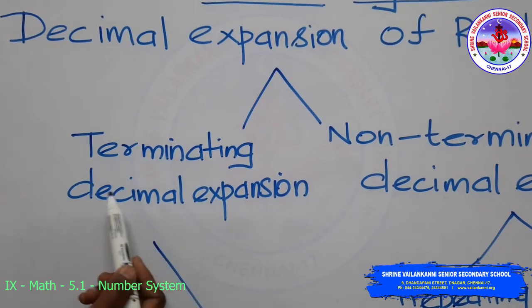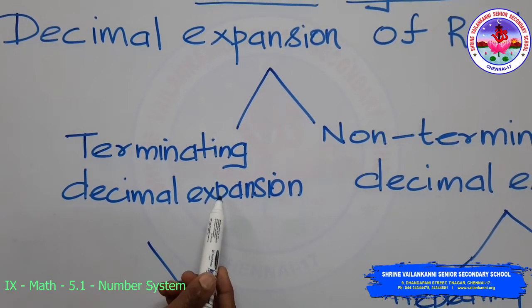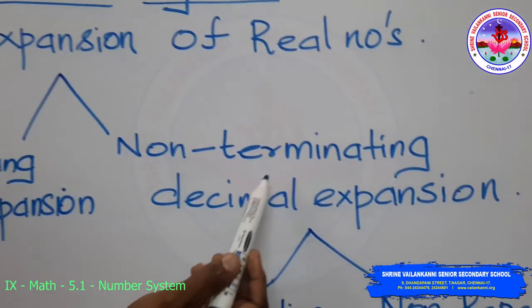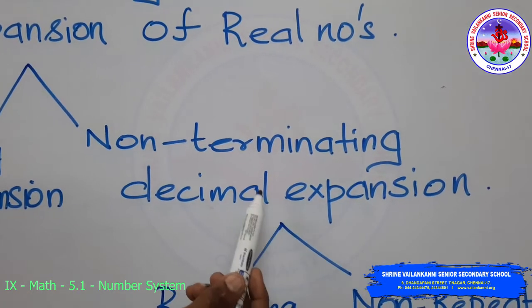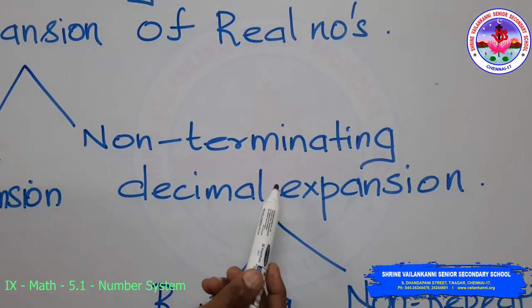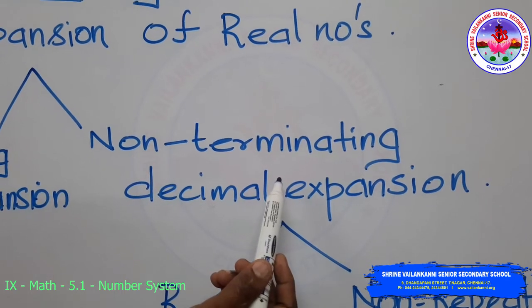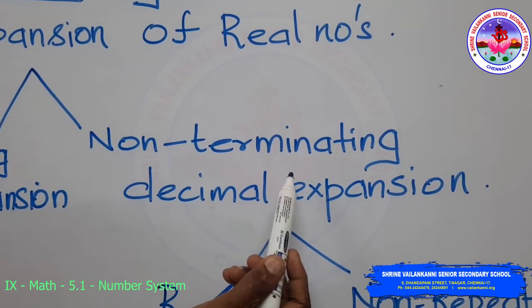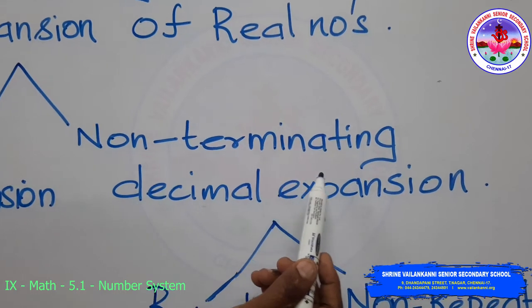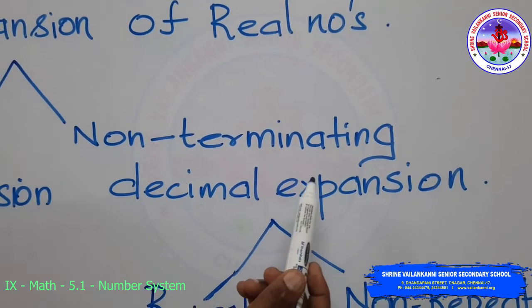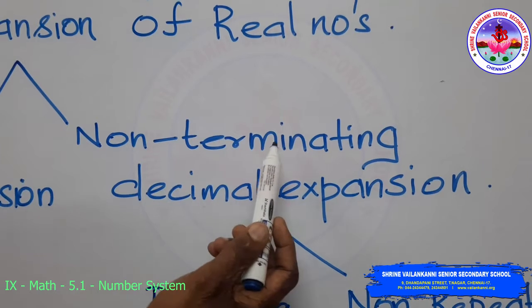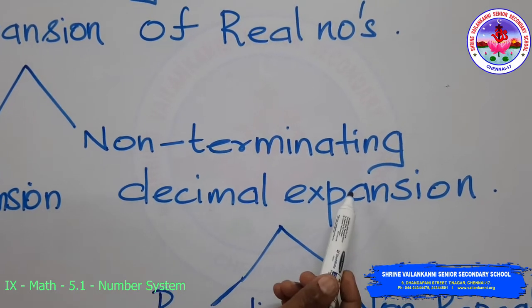as terminating decimal expansion. And for non-terminating decimal expansion, when you are bringing a fraction in terms of decimal expansion, if the digits after the decimal point get repeated, we can say that it is non-terminating decimal expansion.